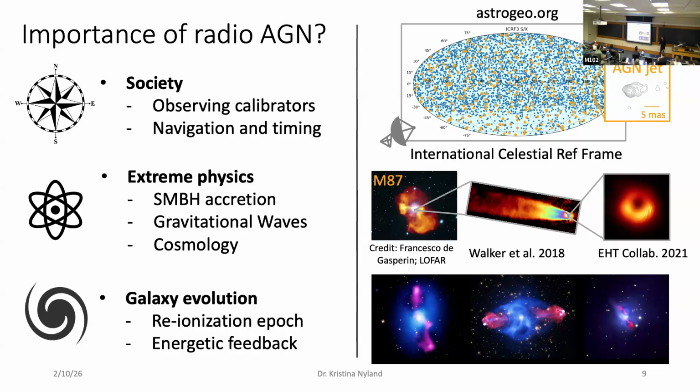But anyway, these are examples of lobes that have carved out cavities or bubbles in the hot gas of the intracluster medium surrounding the galaxy. These are just examples of feedback in action. And then, of course, if you are interested in the high redshift universe, AGN are believed to have helped reionize the universe. And so they are very important for many reasons.